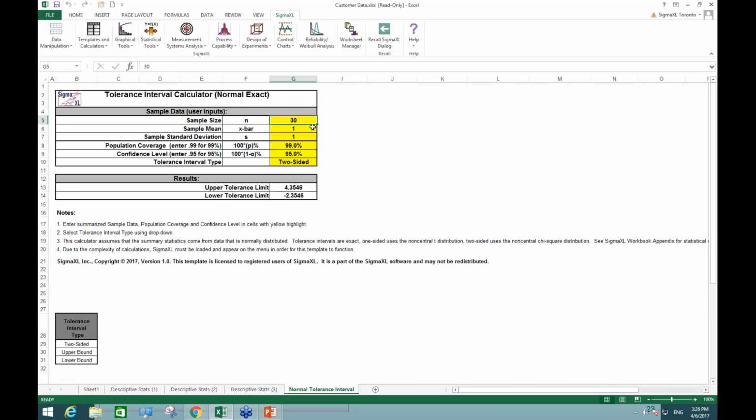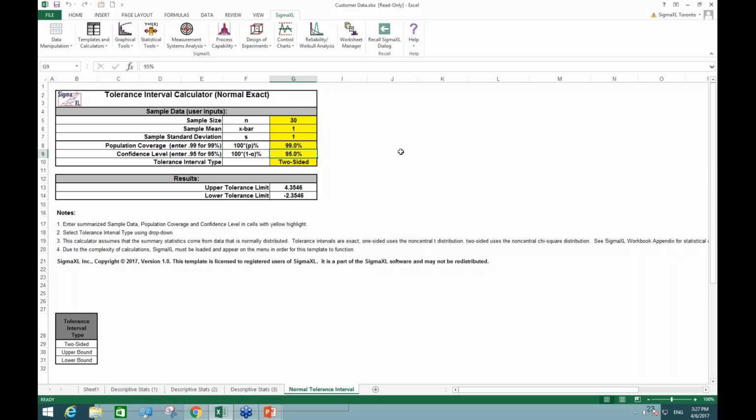So here I have data that are assumed to be normal. In this particular case, I have a sample size of 30, a mean of 1, and a sample standard dev of 1. I specify the population coverage, and I specify the confidence level.